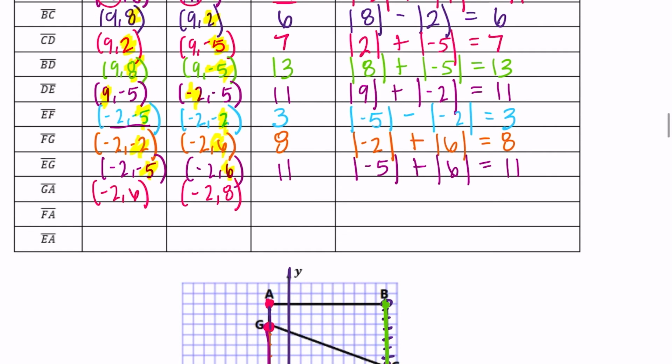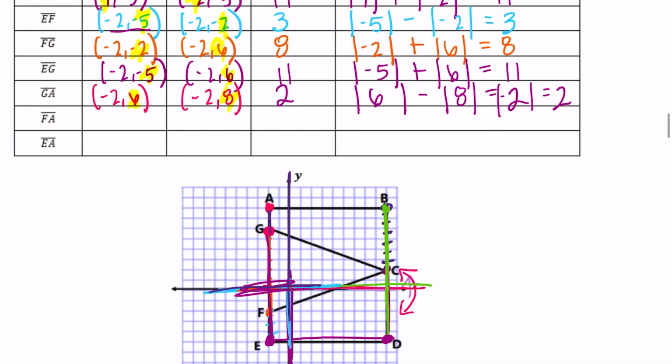So we are going to subtract their differing coordinates, which in this case is the y. So we're going to do the absolute value of 6 minus the absolute value of 8. And then our answer is also going to be an absolute value. So 6 minus 8 is -2, but the distance is 2.